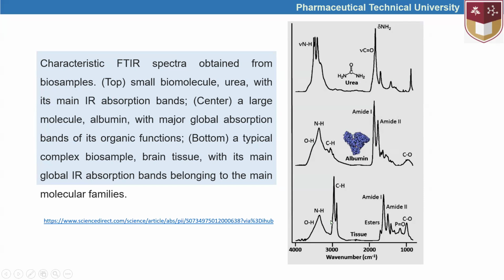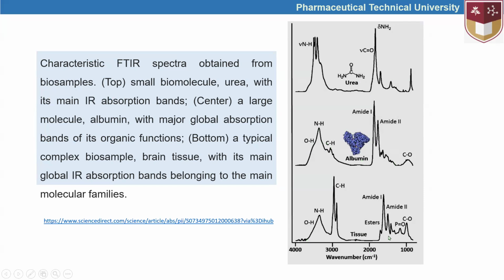Okay, this is, for example, the IR spectrum of the tissue, let's say the skin tissue, yeah, epithelial tissue. And we have the IR spectrum of albumin that looks like this. Yeah? Here we can see the high percentage of NH or OH or CH in these cases, right?